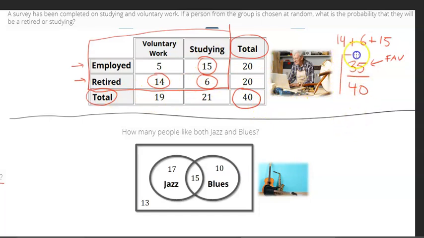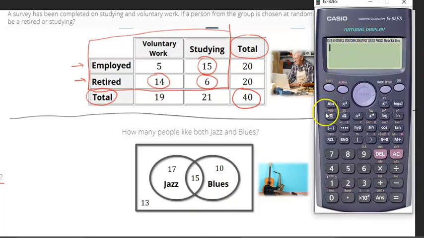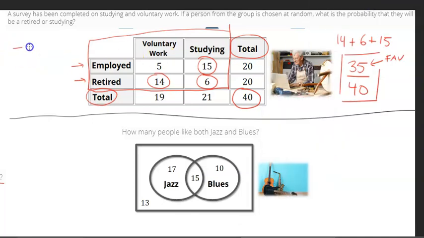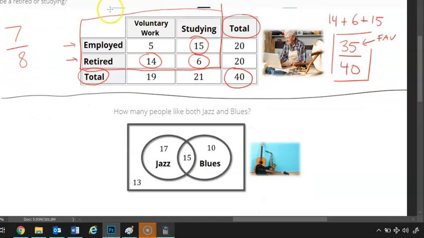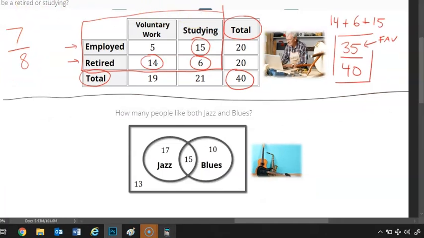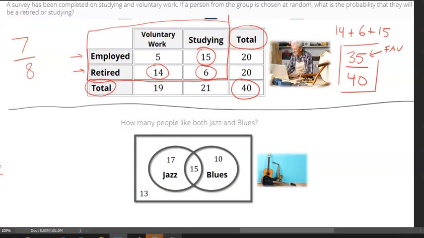So 35 out of 40 is your unsimplified answer. But when you put this into a calculator and have it simplify it for you, it will simplify to 7/8. So 7/8 of these people, here we go, are either retired or studying, or both.